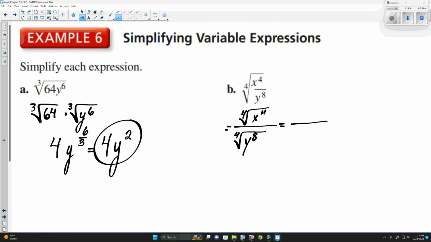Now what we can do from here is rewrite these as fractional exponents. So for x, we would have 4 from the exponent and 4 from the root. In the denominator, the numerator would be 8, and its denominator would be 4. So again, that's coming from our nth root of a to the x.